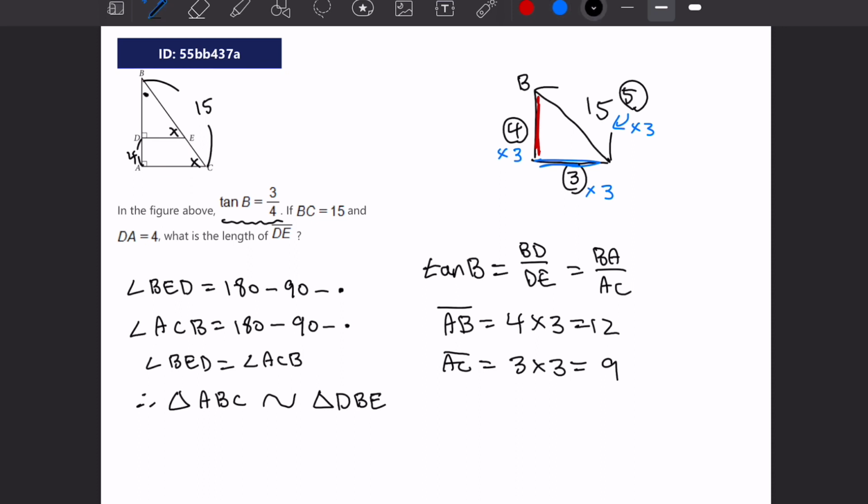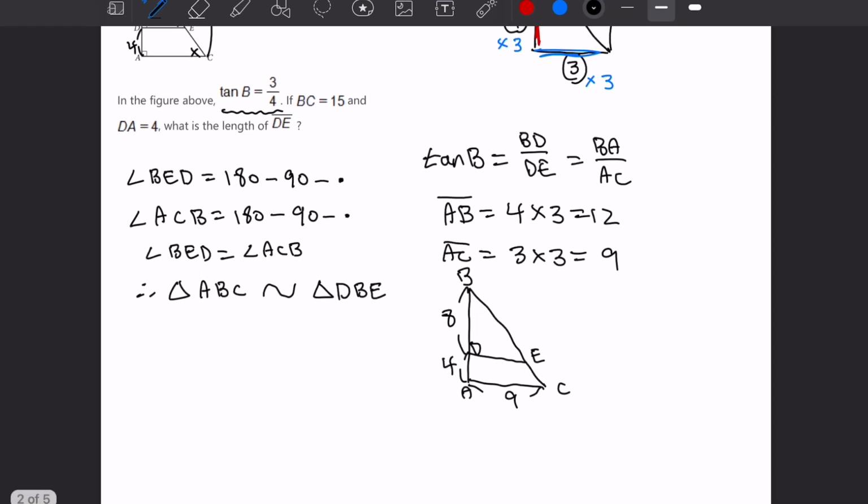So if we draw the figure again, like this, this is actually 8 and this is 4 because the whole thing is 12. And AC is 9.